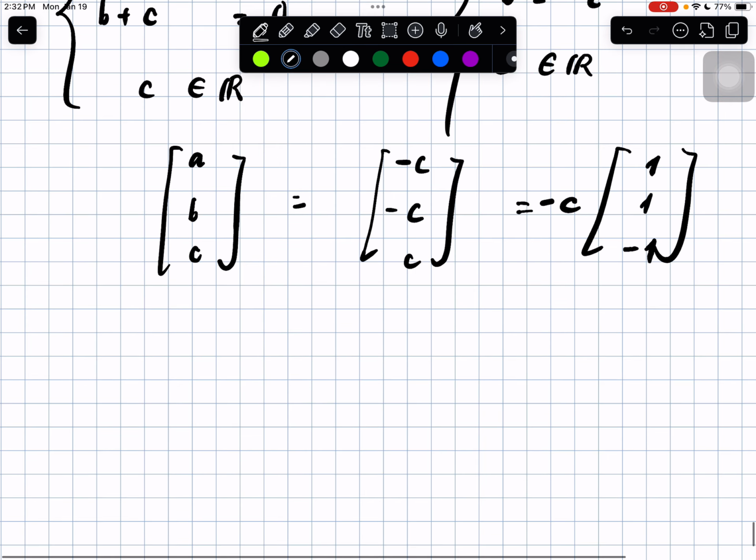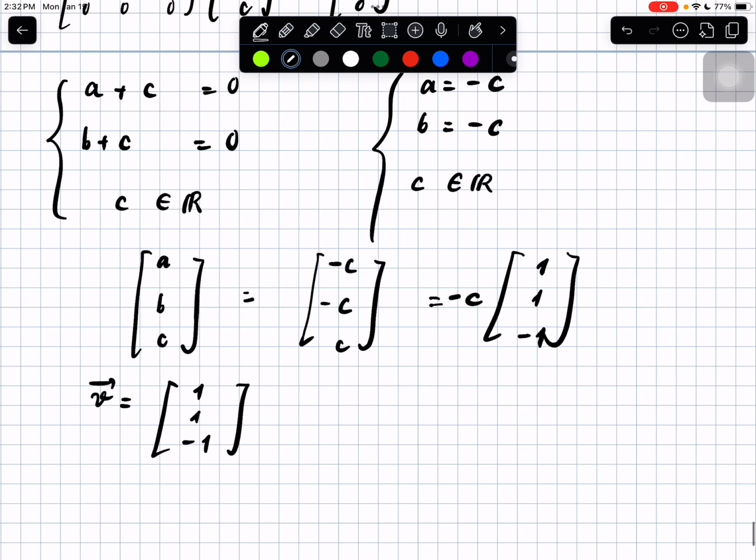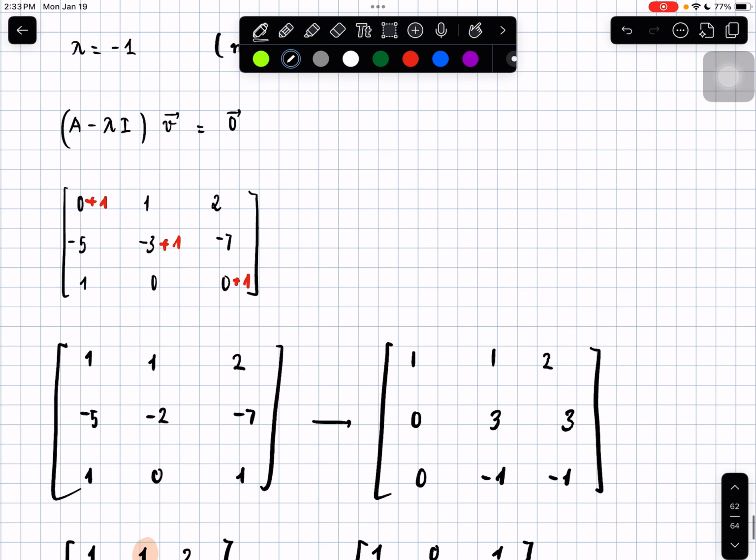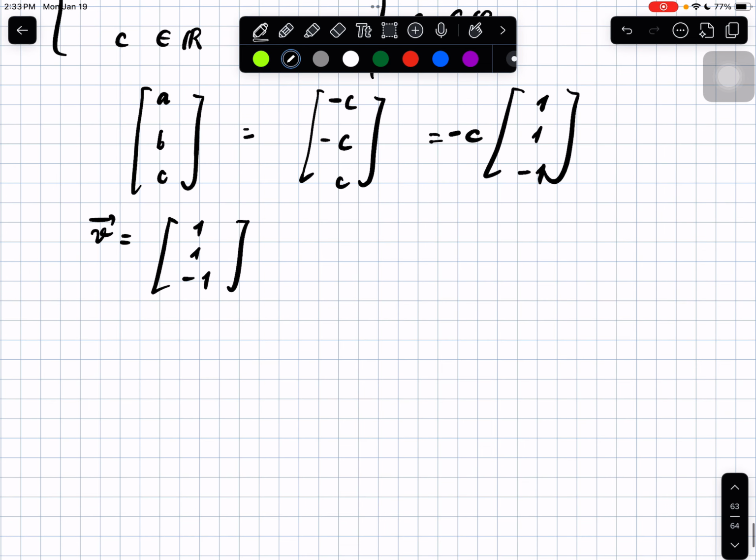So v is (1, 1, minus 1), because we can choose a multiple of that as long as C is not 0. We have an eigenvector v for lambda. We have one actual eigenvector.